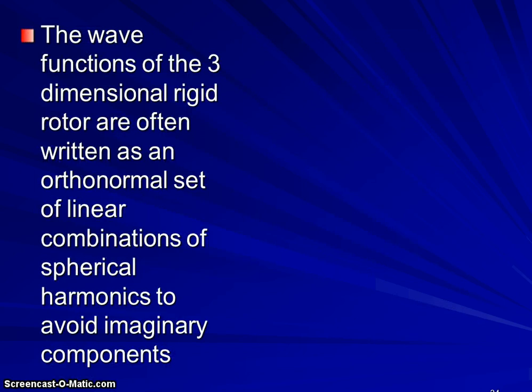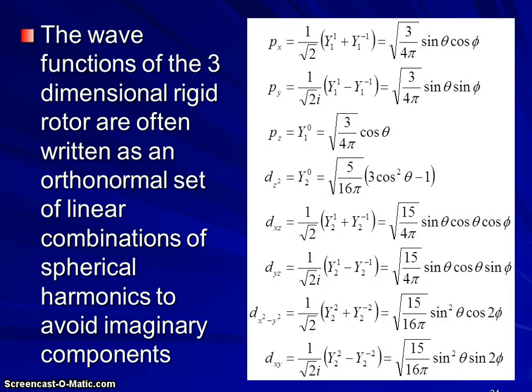The wave functions of the three-dimensional rigid rotor are often written as an orthonormal set of linear combinations. So instead of writing them as the functions that we just listed, they are written as linear combinations of them to eliminate the imaginary parts.